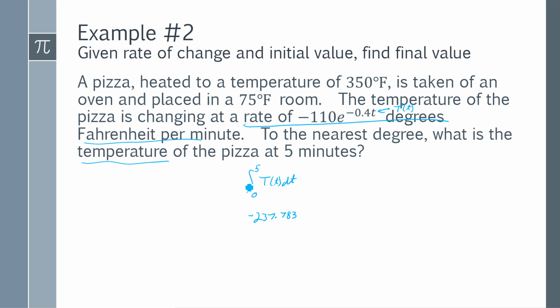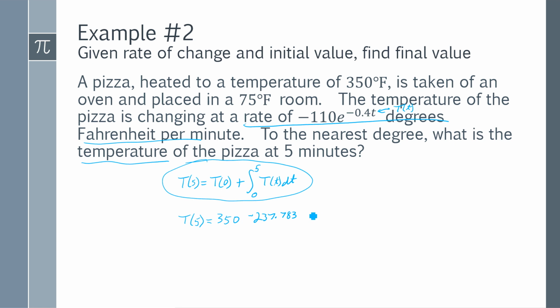So what I need to do is add on the temperature that it started at, which is 350 degrees. And that should give me the temperature after 5 minutes of sitting in the room. If you notice, this is now the FTC with a twist. My ending is equal to my starting plus the integral of the rate of change.